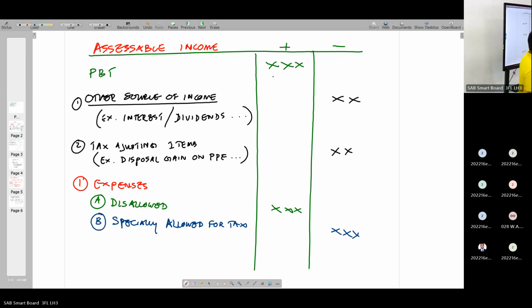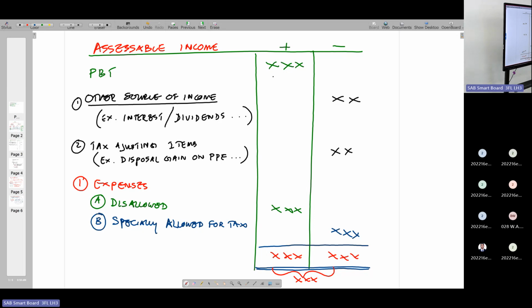Clear? So the difference between the plus and minus side is the assessable income from business. This is the format I am using when I am working on the assessable income from business.